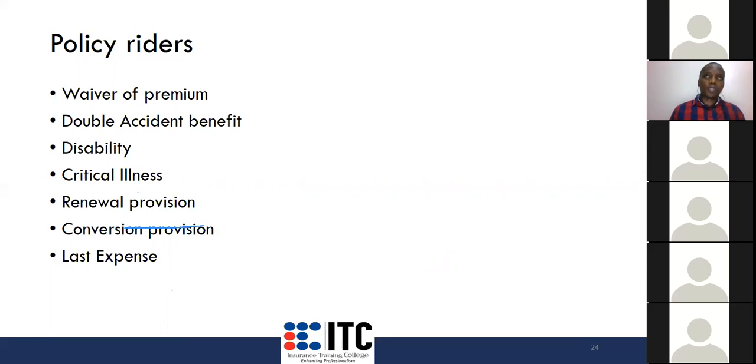Example being anything that relates to fraudulent activity on the part of the insured, where the insured seeks to fraudulently gain from the insurance. That is what we'd call moral hazard.